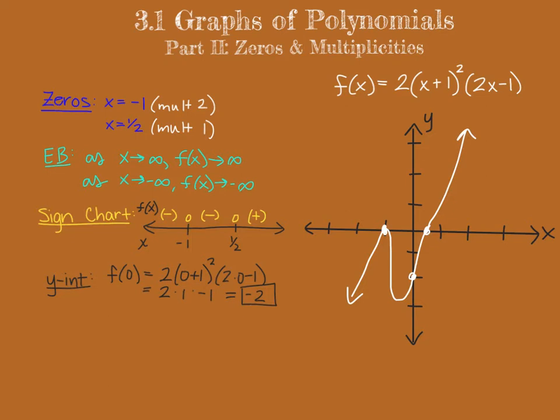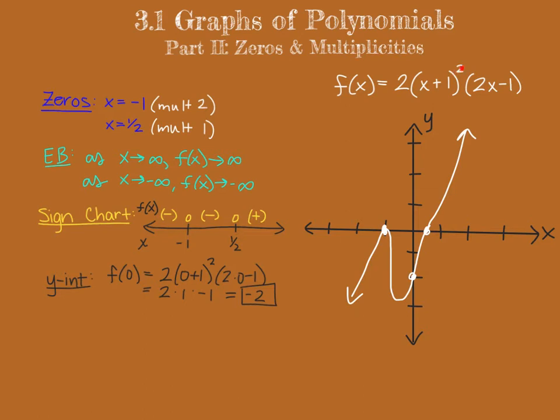All right, let's talk about what that multiplicity means. It looks like at this x-intercept, at this zero of negative 1, we had a multiplicity of 2. When you have a multiplicity of 2, 4, 6, any even number, your graph does not cross the x-axis, rather it bounces back, kind of like a parabola.